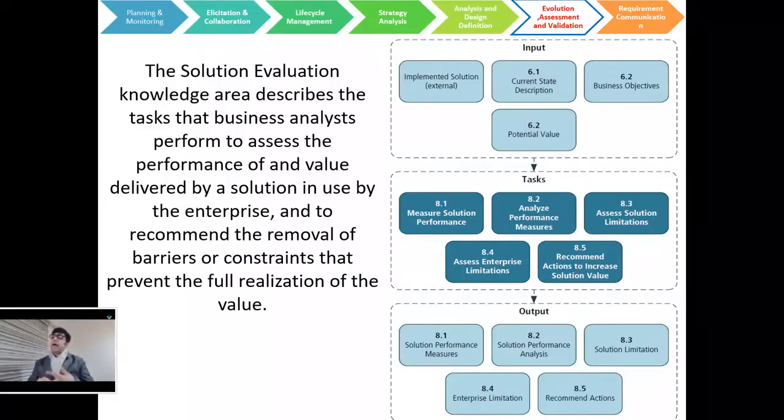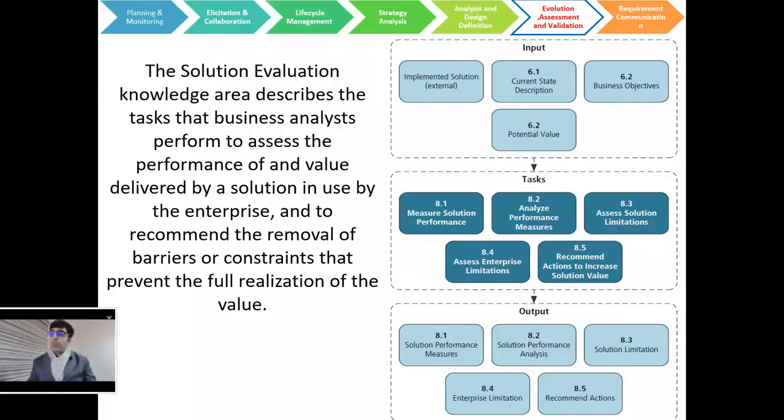Maybe there are some long-term effects as well, which you cannot evaluate now, but if you start using it, you can see the long-term benefits later on. So this may include some recommendation to adjust the organization to allow maximum solution performance and value realization. There are multiple things we can use here for the assessment part.